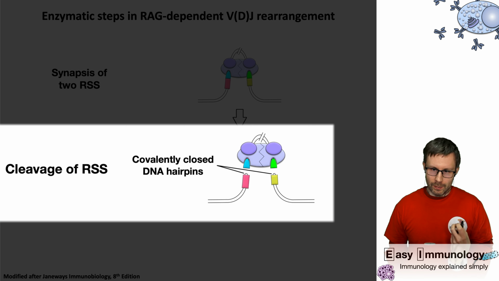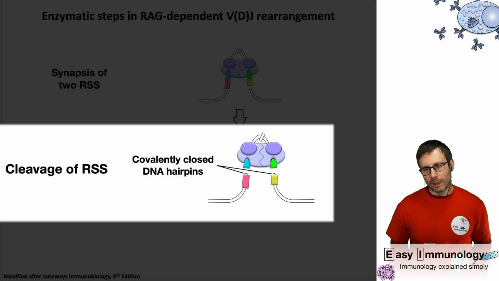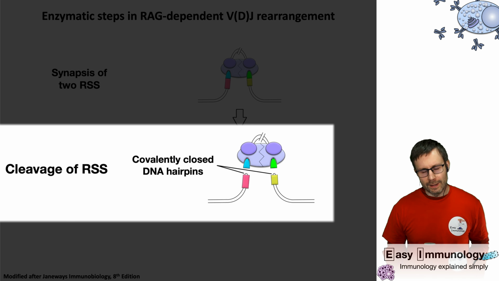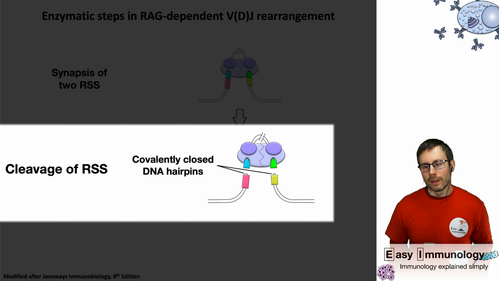But what we need to keep in mind is that the DNA strand here is cut to get the RSS out, and its cutting results in different endings of the DNA. For the V and the J segment, we have covalently closed DNA hairpins.